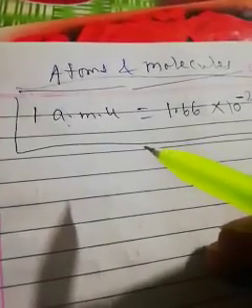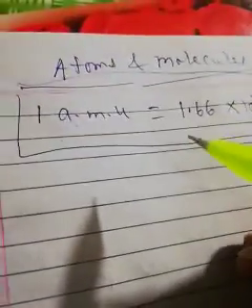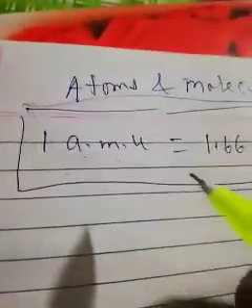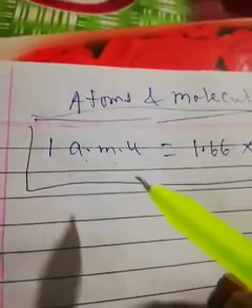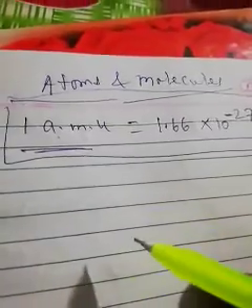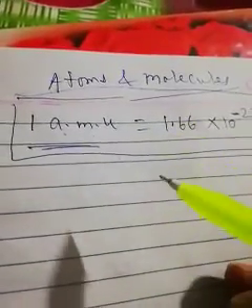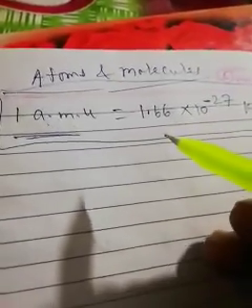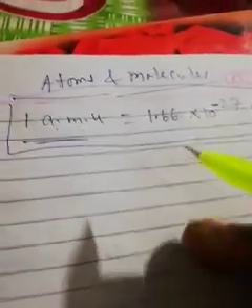So this has been taken as a standard. Last day we discussed this. IUPAC decided to take this as a standard unit. In comparison to this 1 AMU, the mass of other atoms has been measured.